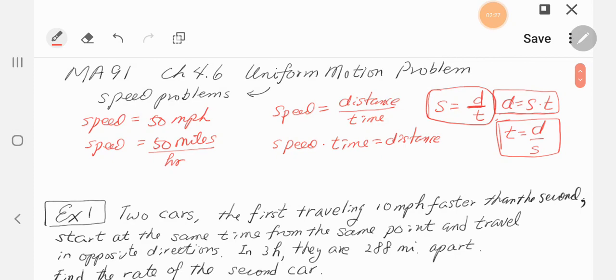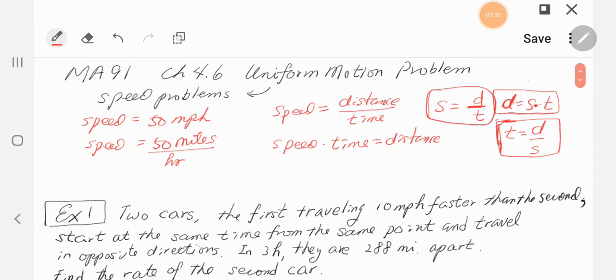And the distance is speed times the number of hours. Common sense, right? The total distance you traveled for 2 hours at 50 miles per hour, you just multiply. I think I mentioned this earlier. So there are three different equations, and using these equations we can solve questions.